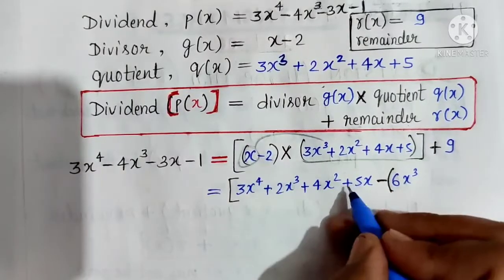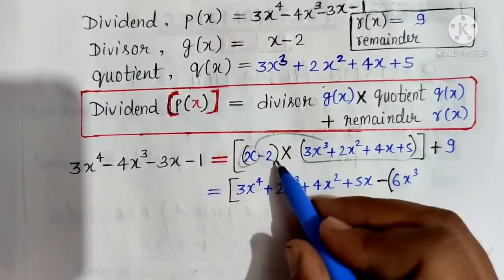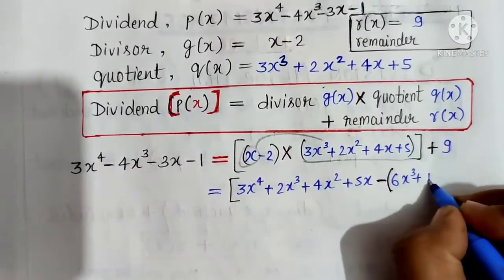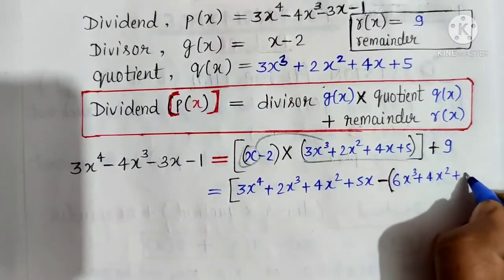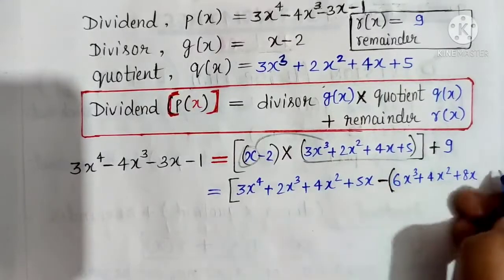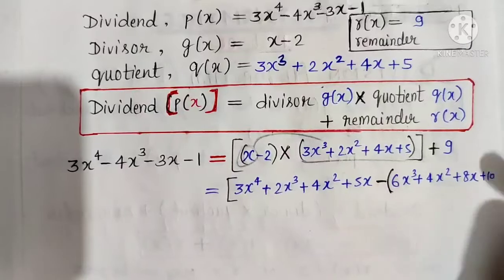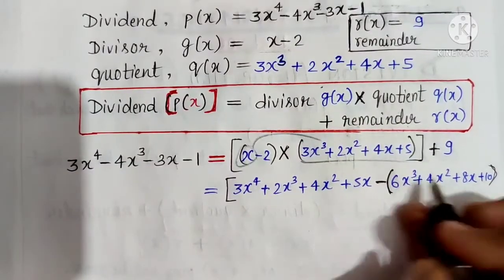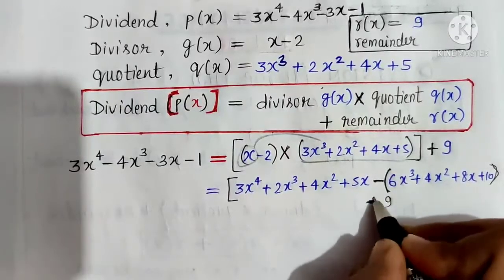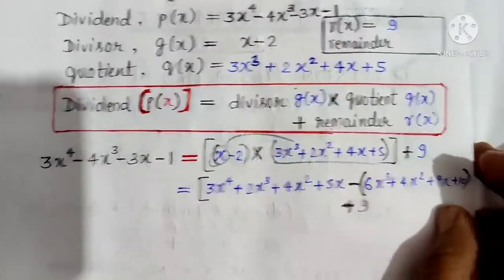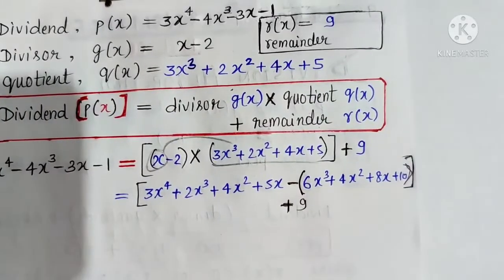So 2 into 3, 6x cube. 2 into 2 plus 4x square. 2 into 4 plus 8x. 2 into 5 plus 10. Now we can close the bracket here in this way. What is there? Plus 9. It will remain like this only. And we can put a big bracket here also. In this way. Now it is correct.